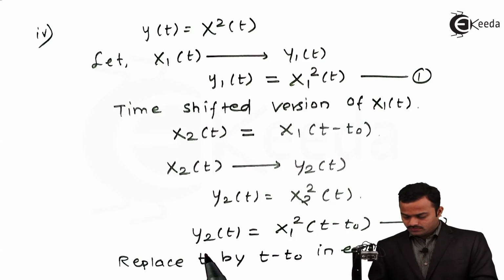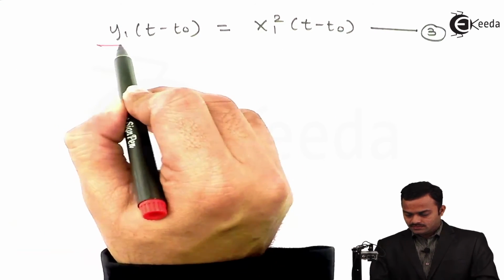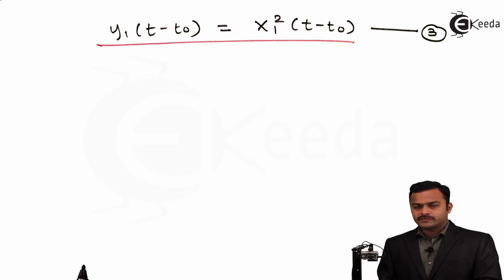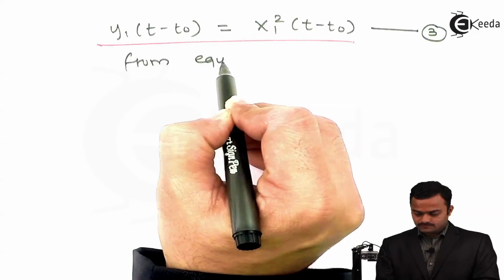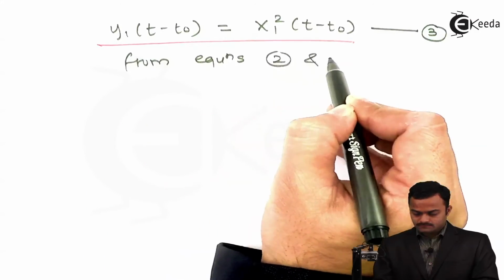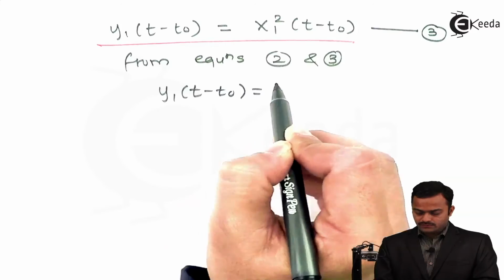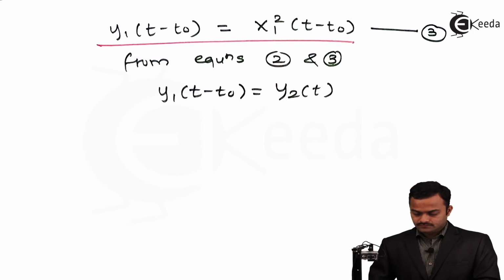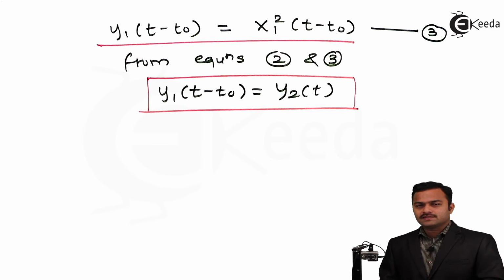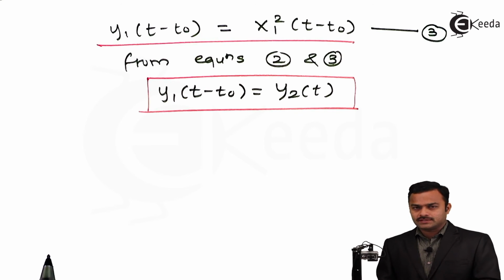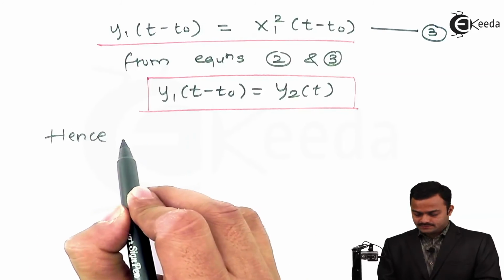The right hand sides of both equations match, hence from 2 and 3, y1 of t minus t0 equals y2t. This means if the input is shifted by t0, the output is also shifted by t0, hence the system is time invariant.